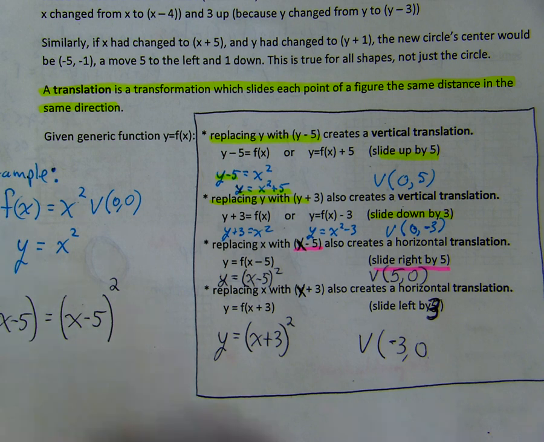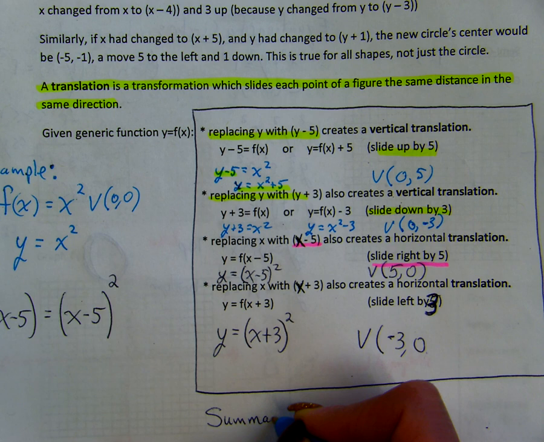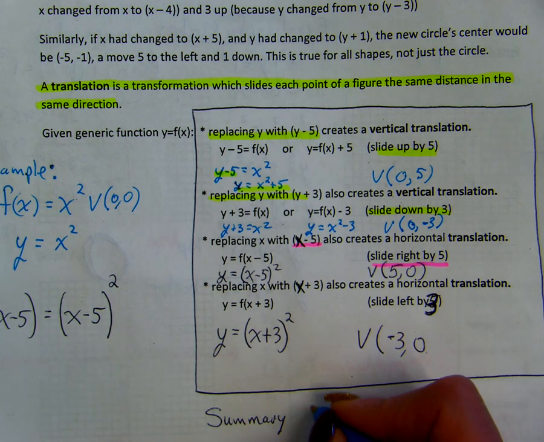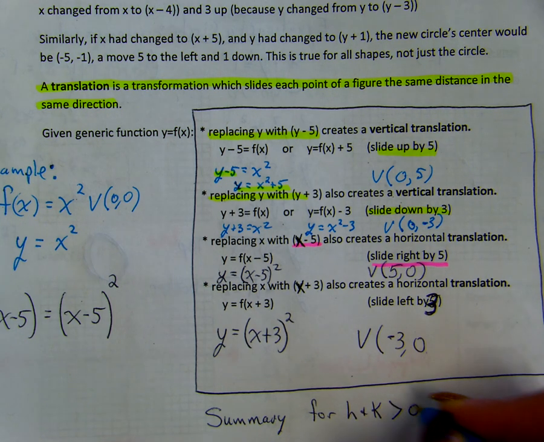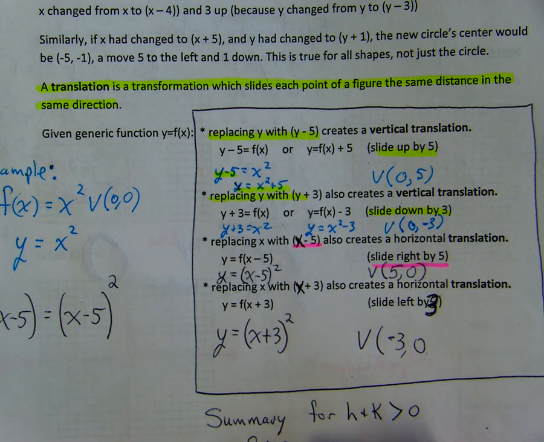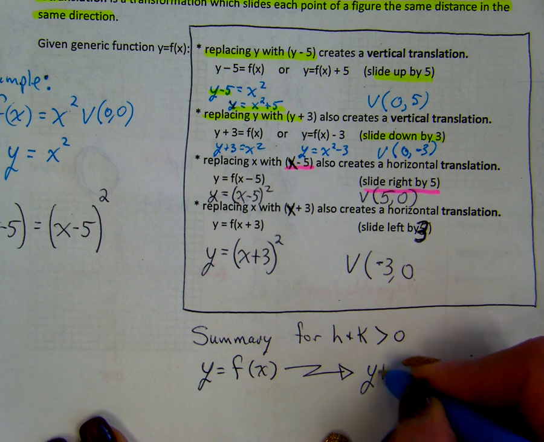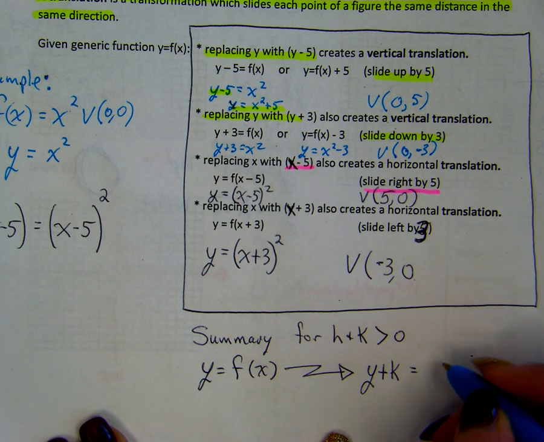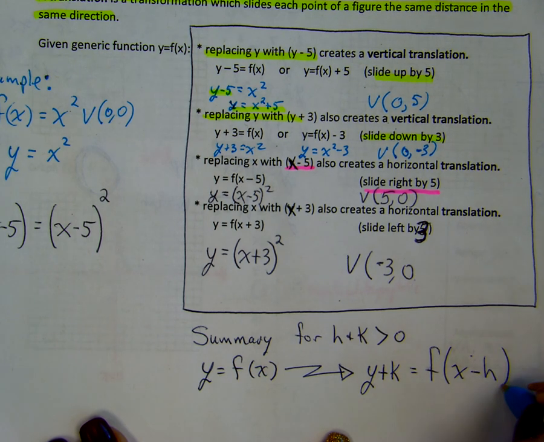Okay, so here is a summary so far. And I'm just going to say for h and k values greater than 0. If I start with y equals some function of x, and I transform that to y plus k is equal to some function at x minus h.